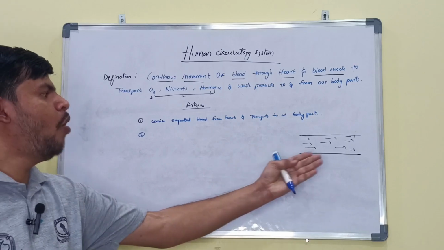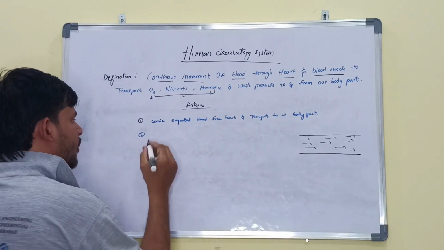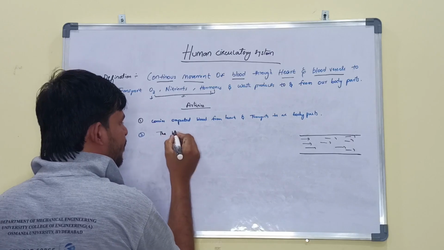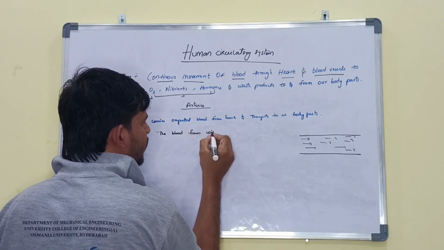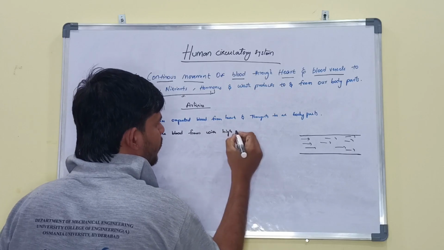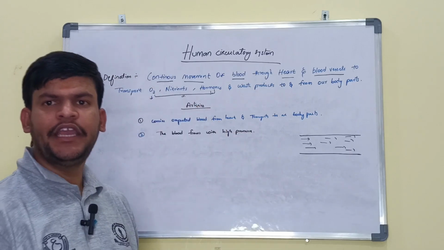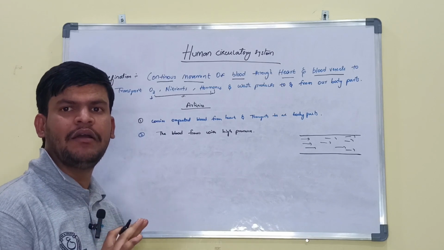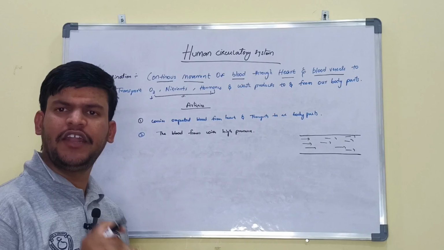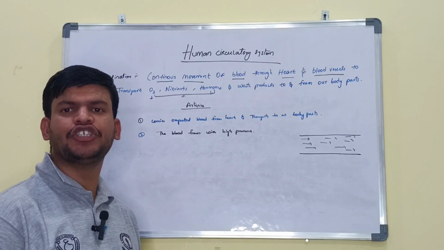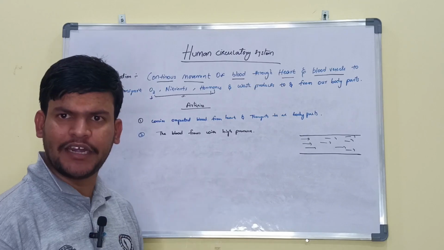Here the flow of blood is in high pressure, because the function of heart is simple: it pumps the blood at high pressure and supplies to all the body parts with the help of blood vessels, that too arteries.